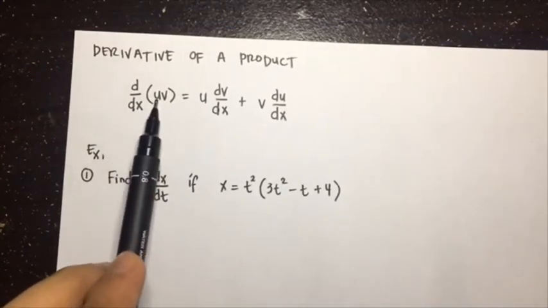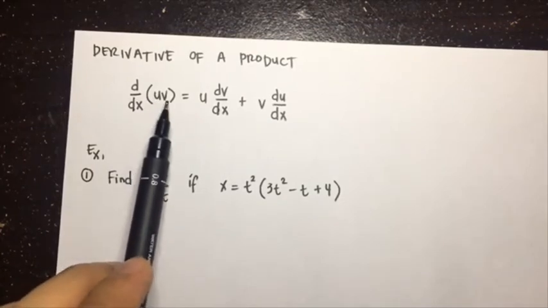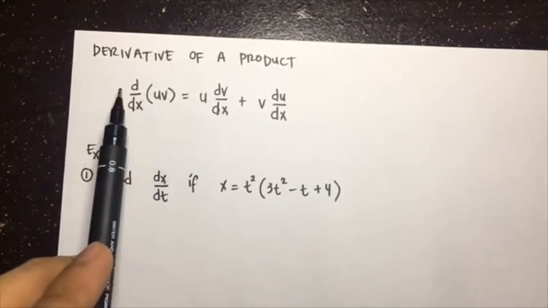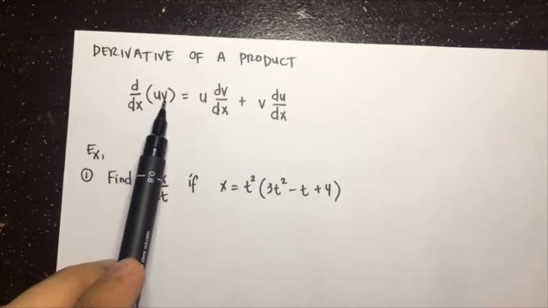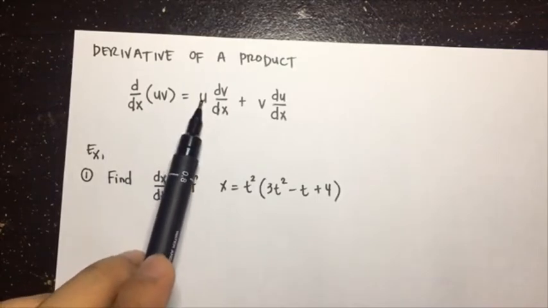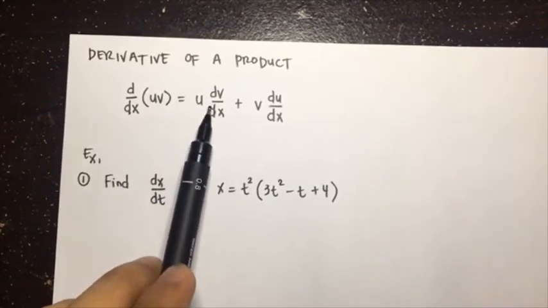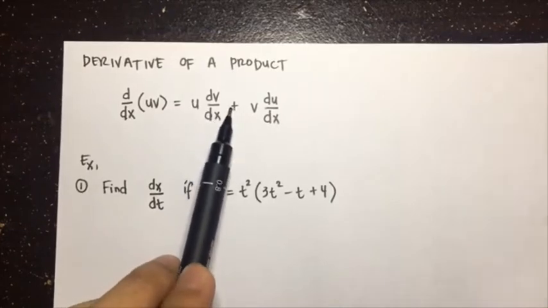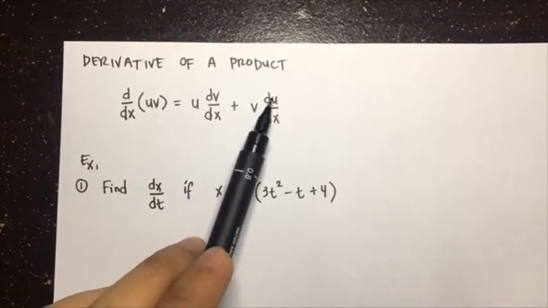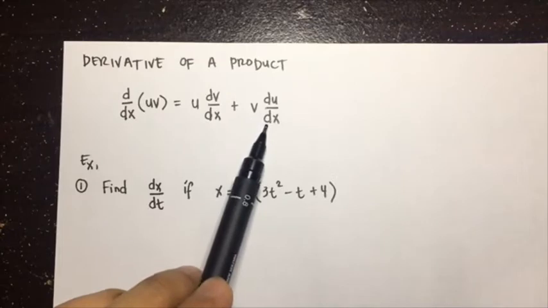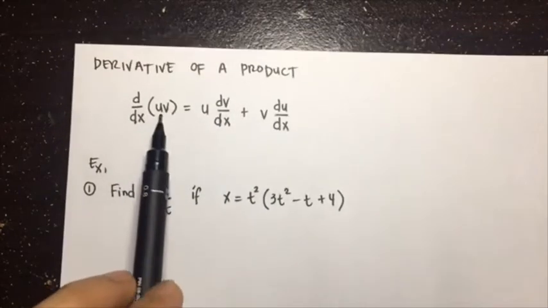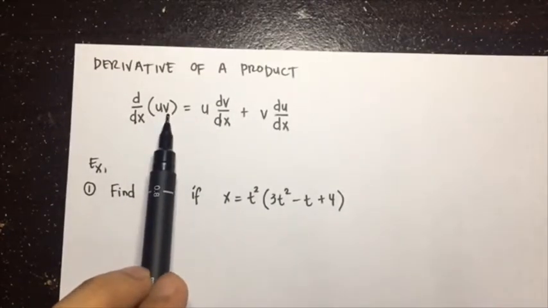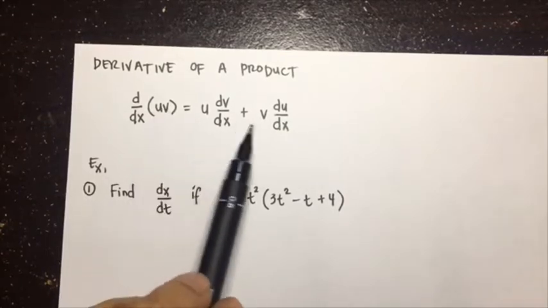Let us recall that if we have a product of u and v, the derivative of the product of u and v is equal to u multiplied by the derivative of v with respect to x plus v multiplied by the derivative of u with respect to x. So it's the first factor multiplied by the derivative of the second factor plus the second factor multiplied by the derivative of the first factor.